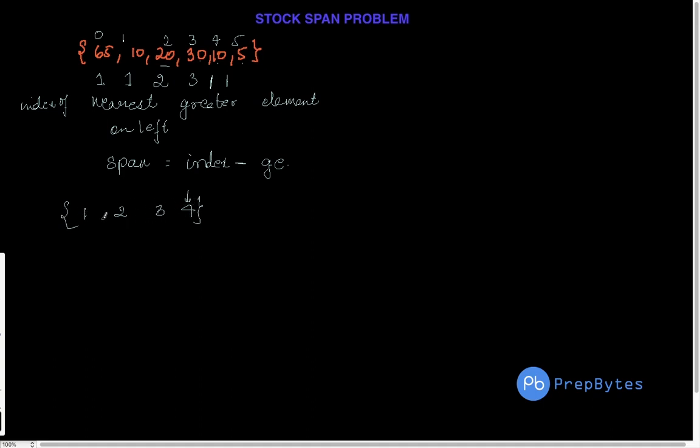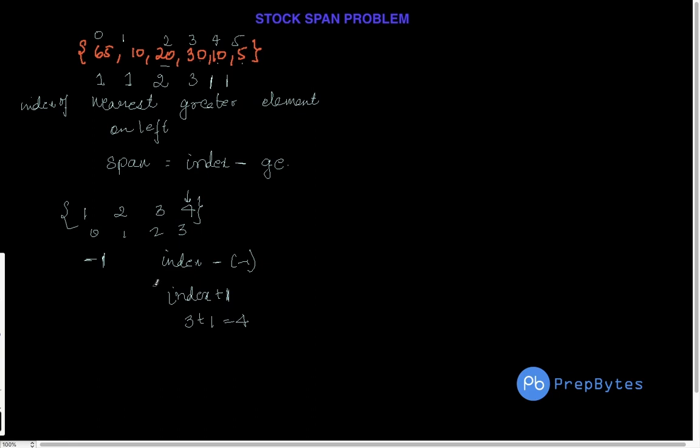So if there's no nearest greater element, we'll return the index as -1. So in that case, we'll have index minus -1. That will make it index plus 1, right? So in this case, index is 3, so it will be 3 plus 1, 4.